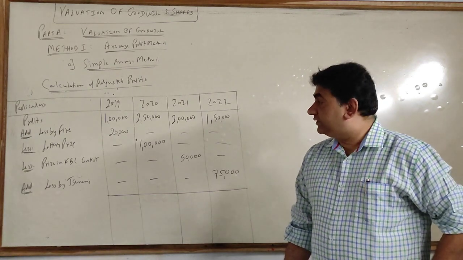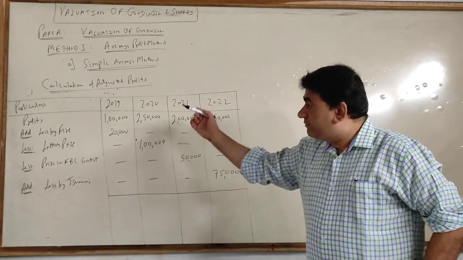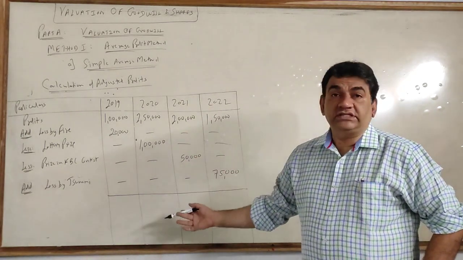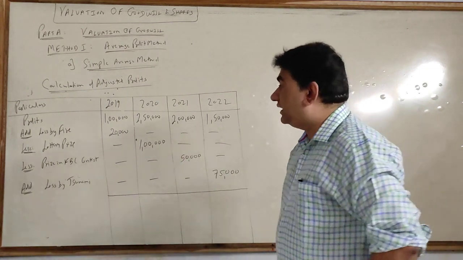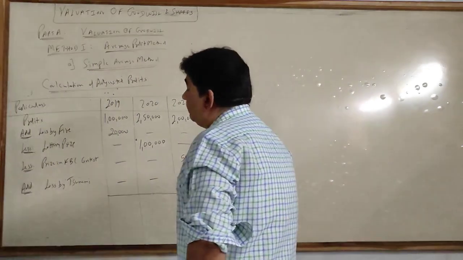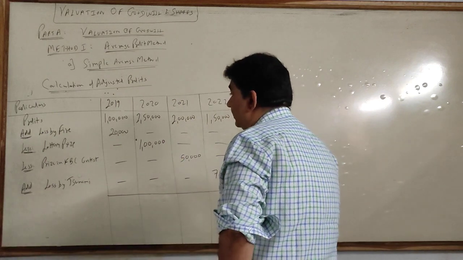Now before we proceed further, before that, take the totals of each column after adjustment. Be careful where you have added, where you have subtracted. Okay.